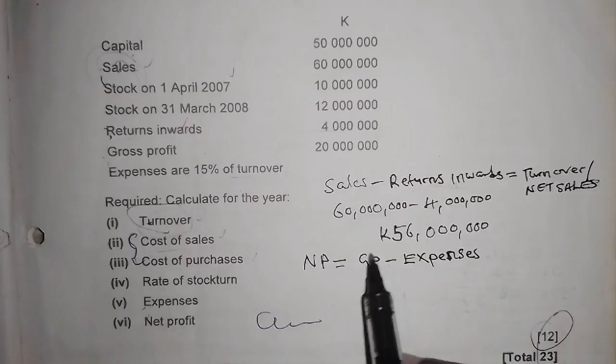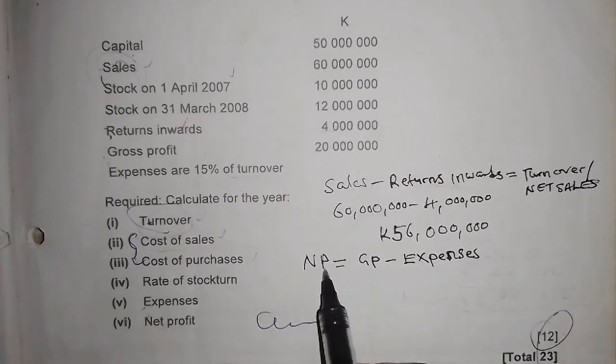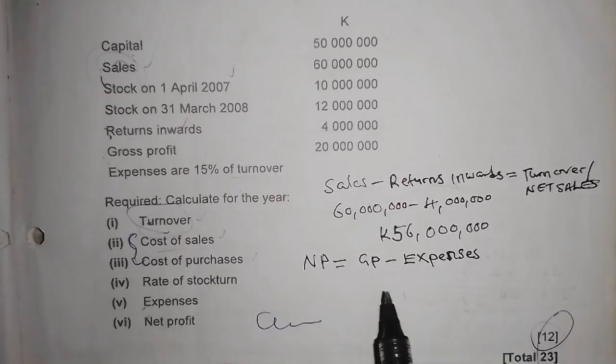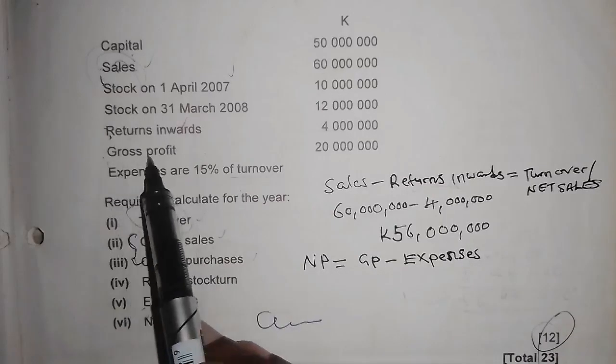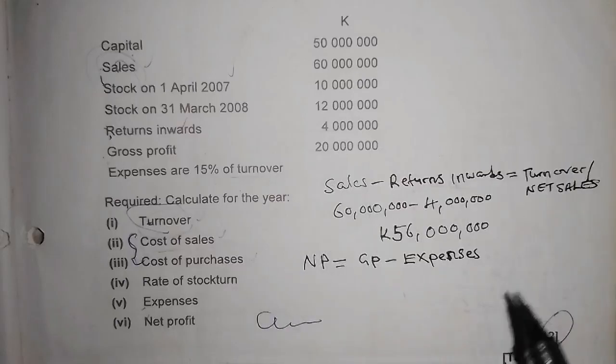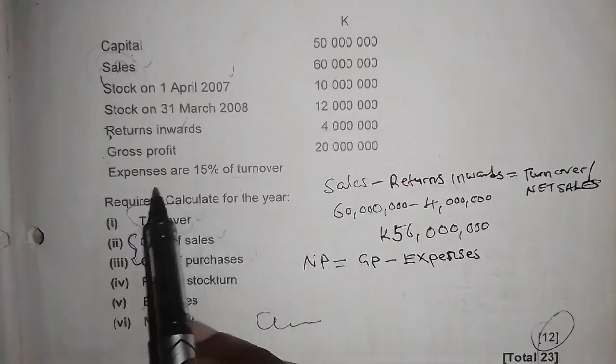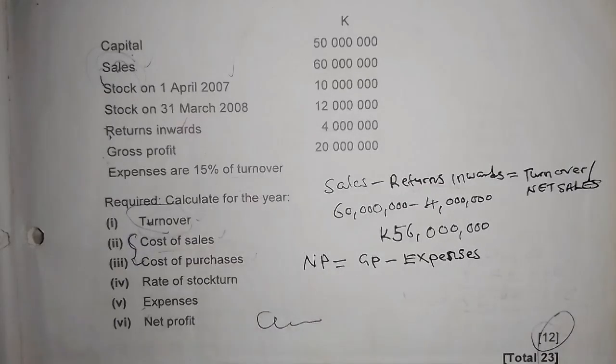GP is gross profit, NP is net profit. It's very difficult if some of the things are missing. So we have the gross profit, which is 20 million, and the expenses are 15% of turnover.